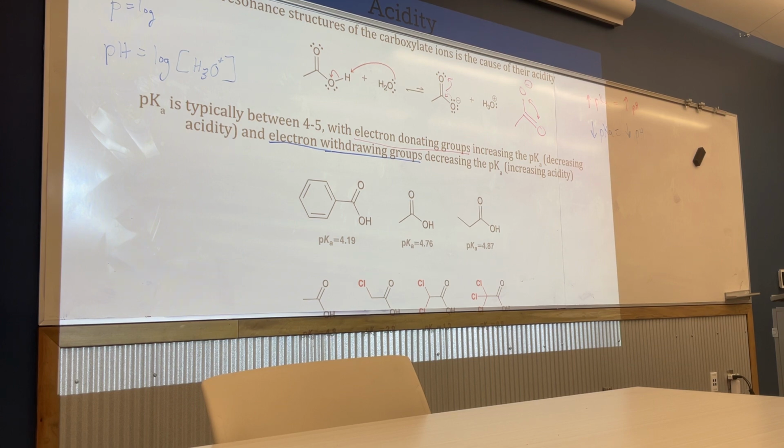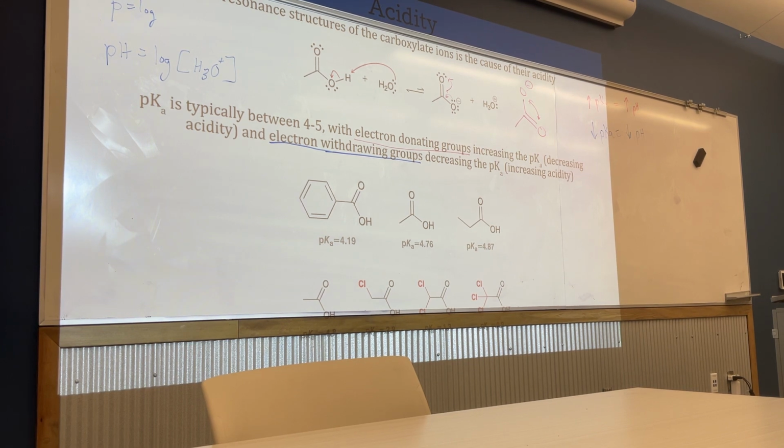This is acetic acid. This is vinegar, right? We can drink vinegar. I mean, some people actually drink it straight, apple cider vinegar. But we put it in a lot of things, right? It's not so low that it's going to harm you, right? If you drink too much of it, it's not great. But this pKa range is physiological, right?